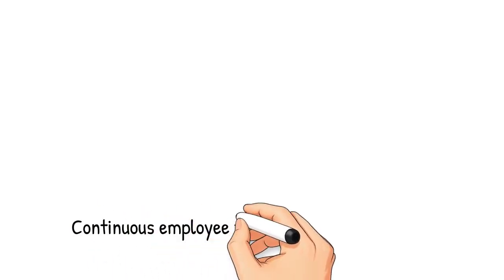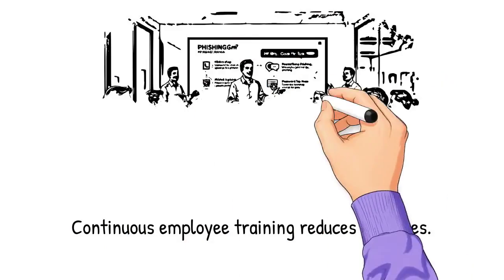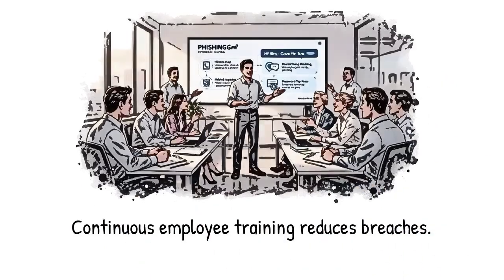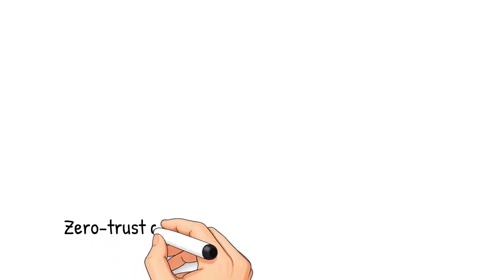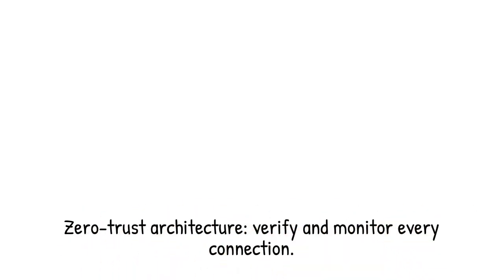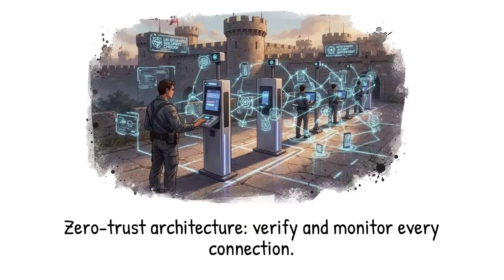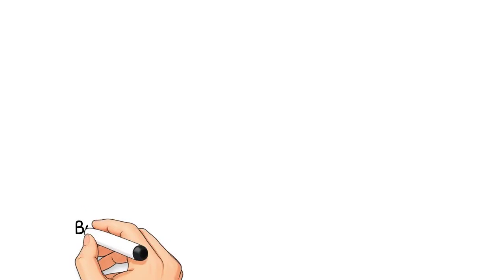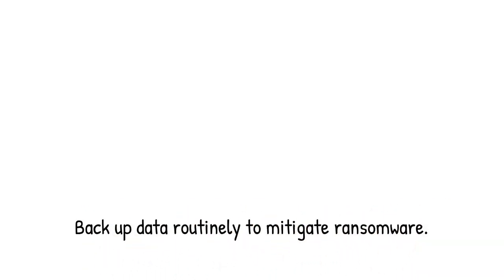Human error is the root cause of many breaches. Regular training on phishing, password hygiene, and safe browsing dramatically reduces risk. Never assume internal traffic is safe. Verify every request. Authenticate every device. Monitor every connection. Ransomware is devastating only when victims have no backups.